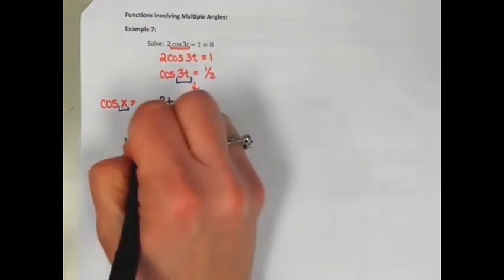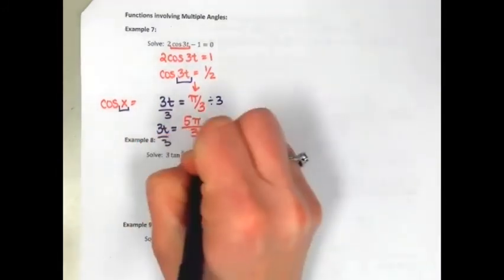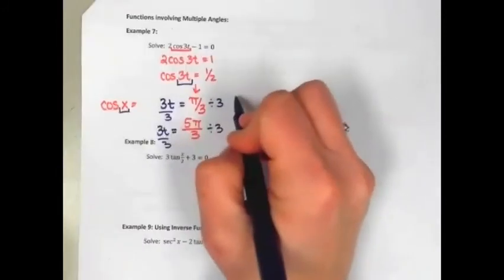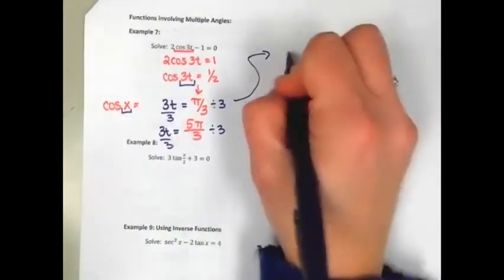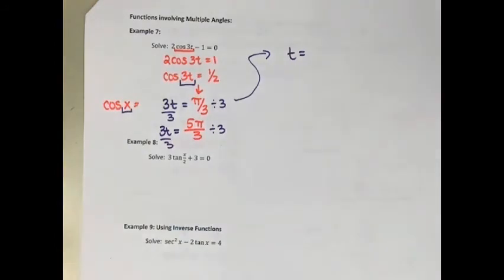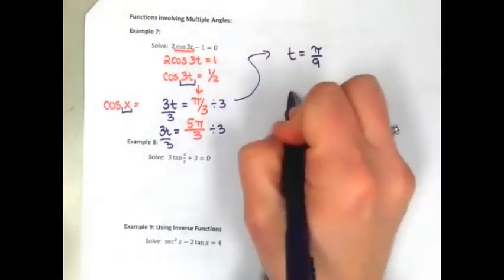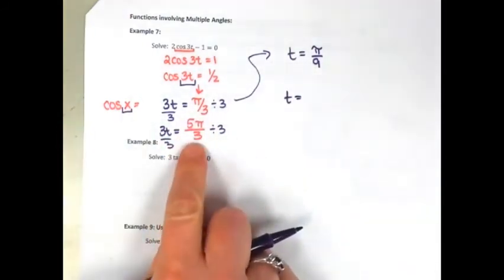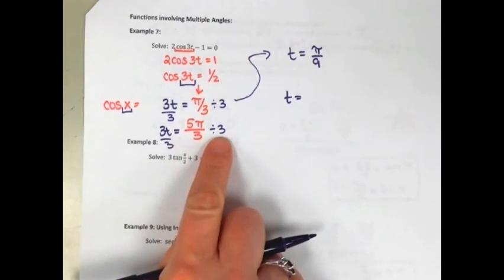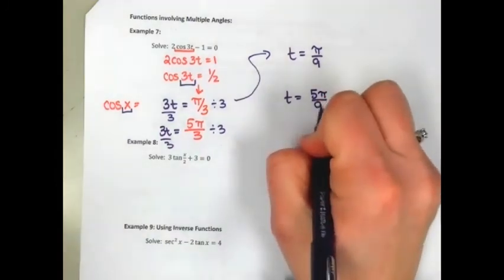Divide by 3. What is pi over 3 divided by 3? Pi over 9. And 5 pi over 3 divided by 3? 5 pi over 9.